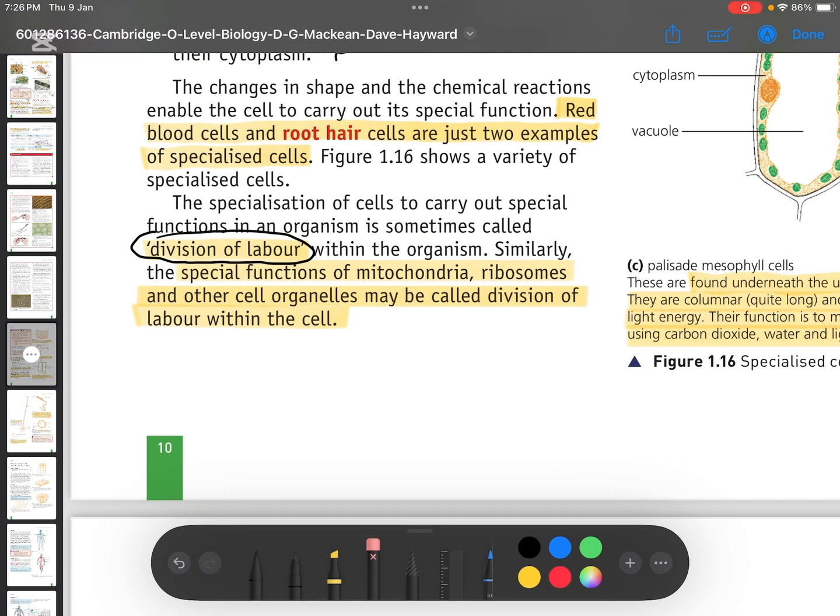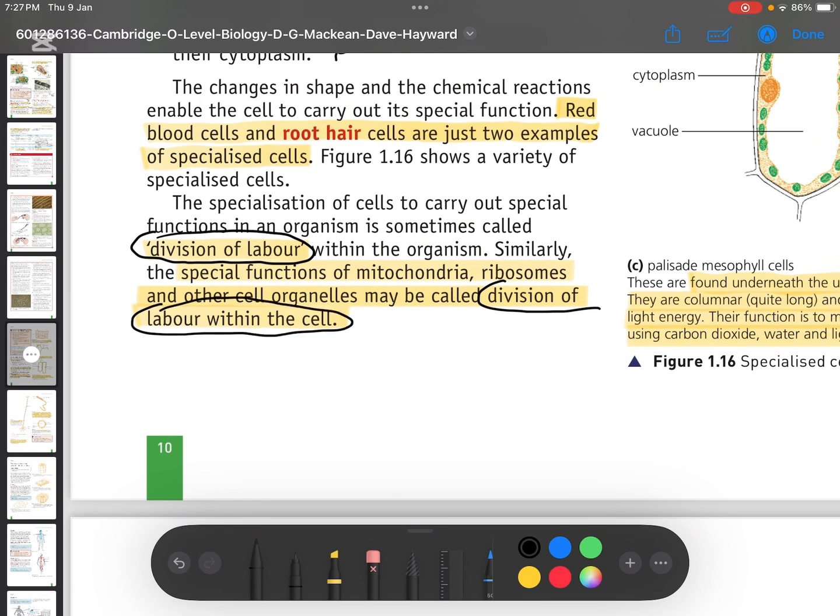And similarly, right now we were talking about different cells, but we have also learned that inside the cells, in the cytoplasm, the organelles have their different functions too. Now that's also a division of labor, but the proper term we'll use here is division of labor within a cell.